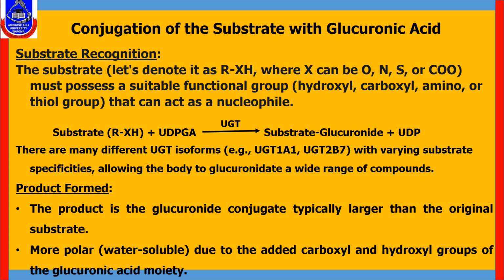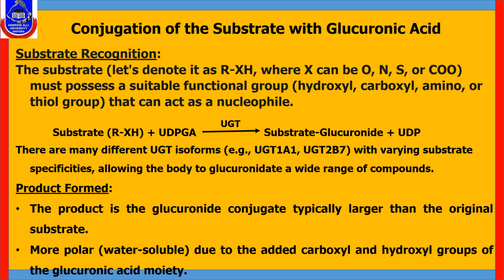The second stage of the reaction is substrate recognition and product formation. As indicated here, the substrate is denoted by XH. X can be oxygen, nitrogen, sulfur, carboxylic acid group, as the case may be, or even a thiol.